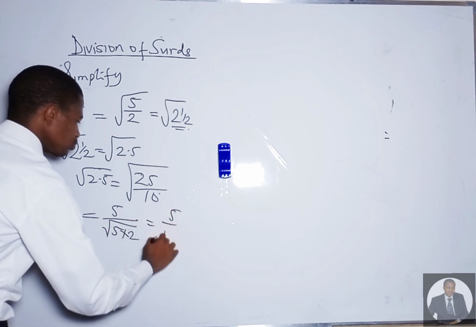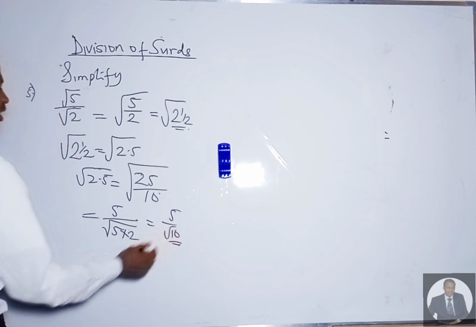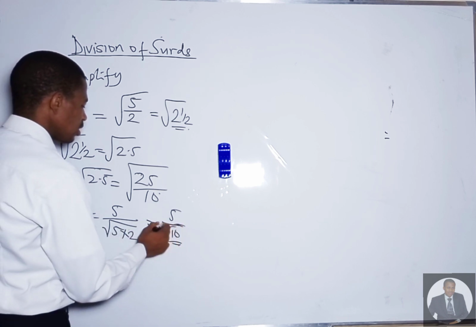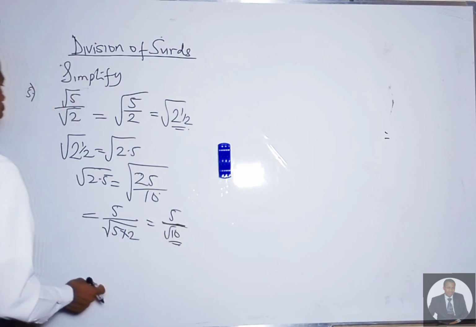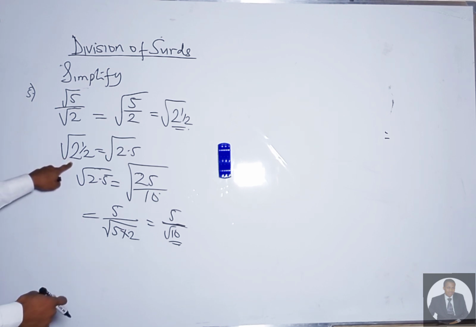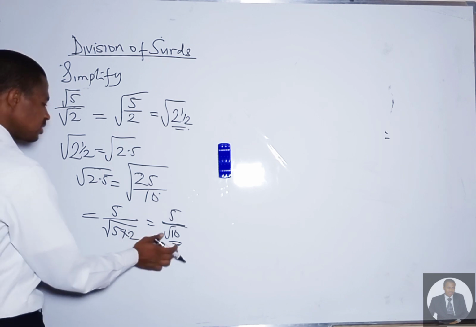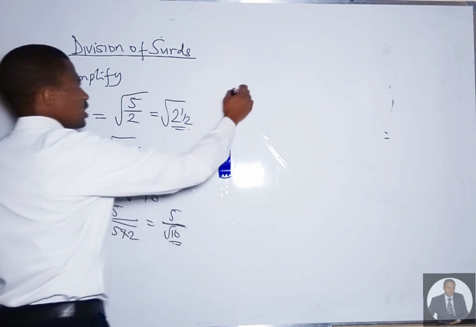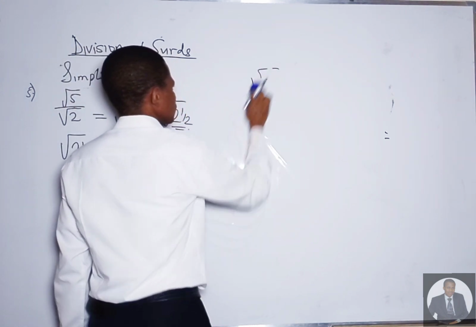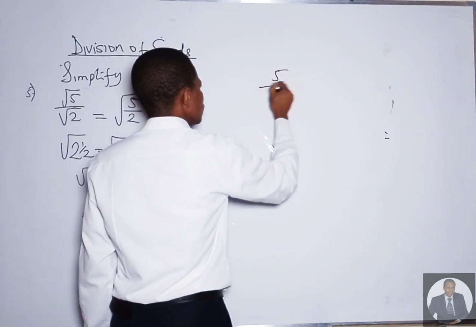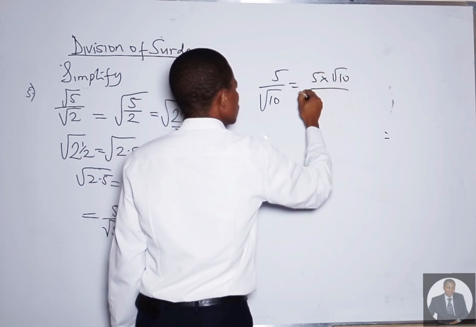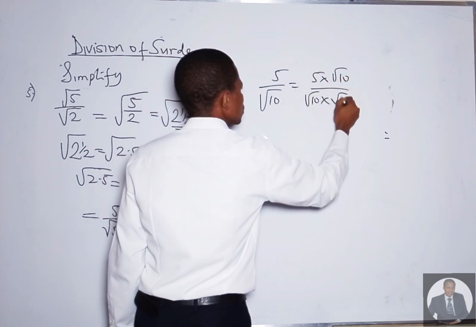That's 5 over root 10. But since we don't leave a fraction with a surd at the denominator, we can either maintain our answer as the square root of 2.5, or the square root of 2 and a half, or we further divide this and say 5 over root 10, so 5 times root 10 all over root 10 times root 10.